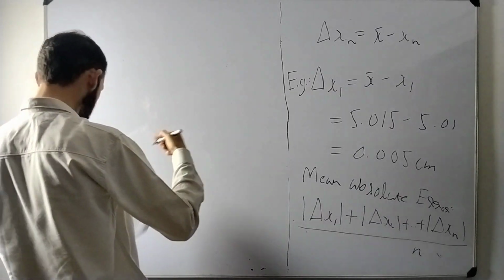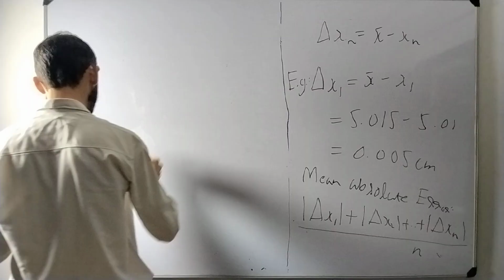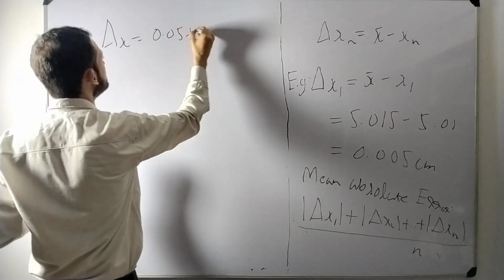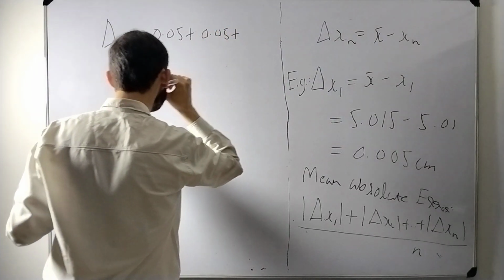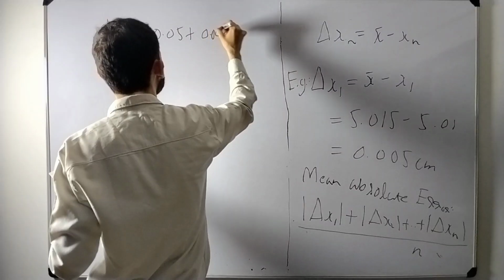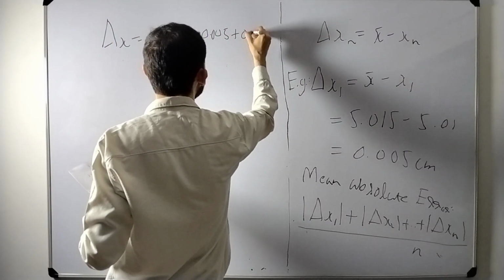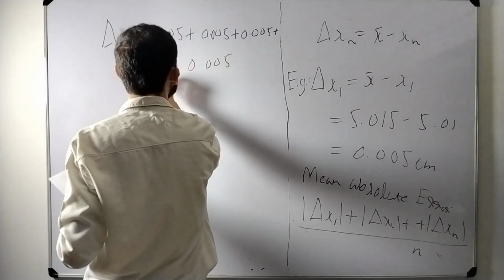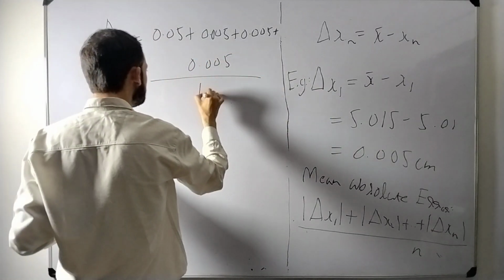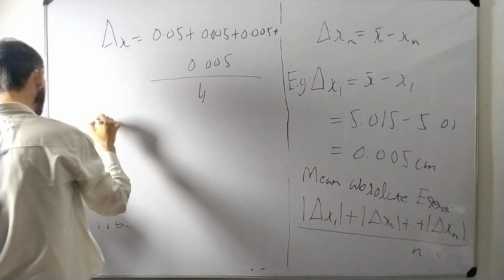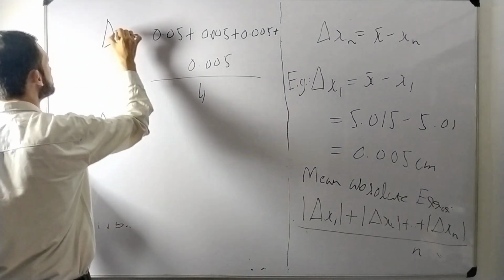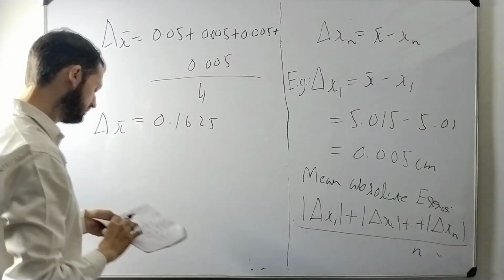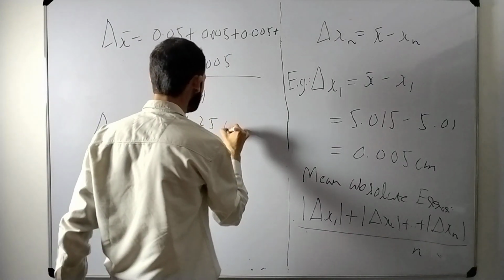So we should write here del x: 0.05, 0.05, 0.05, 0.05, and divided by 4. So del x becomes what, students? 0.1625. Oh sir, big number. Yes, very good.